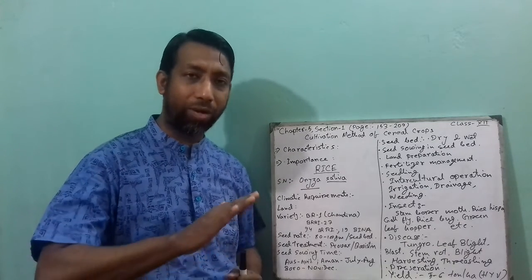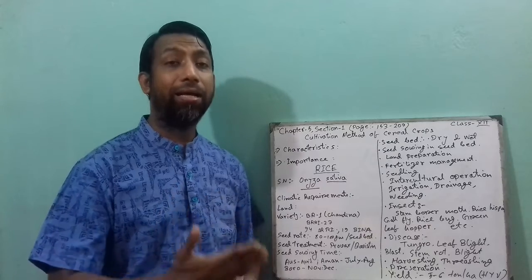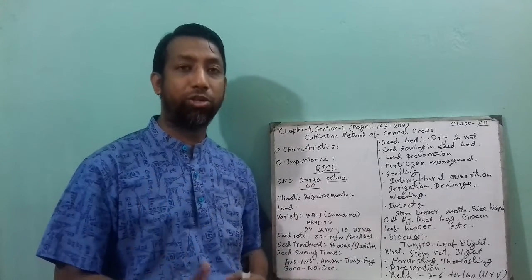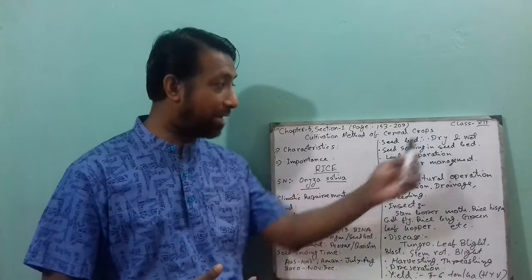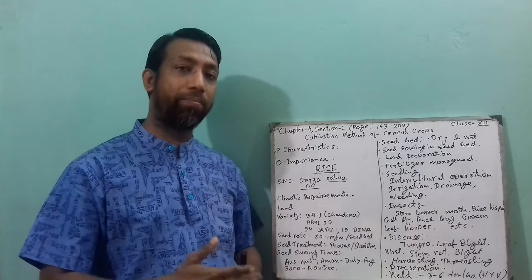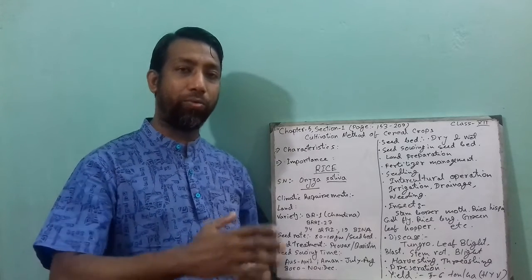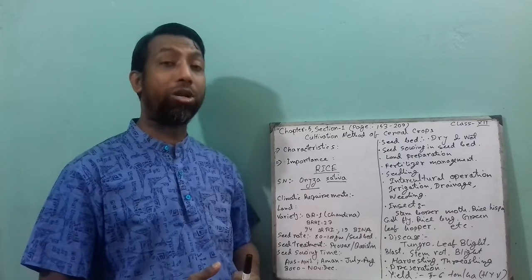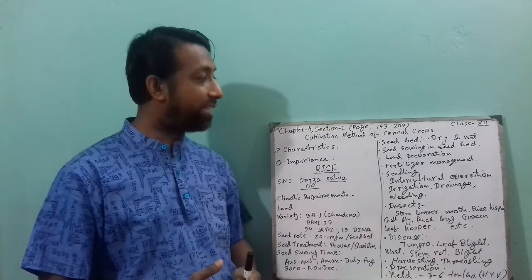Not mandatory that it is water stagnant, but the soil should have some moisture content in that wet seed bed. And if you mix the straw or weed with the soil like clay soil, that would make organic fertilizer in the seed bed.